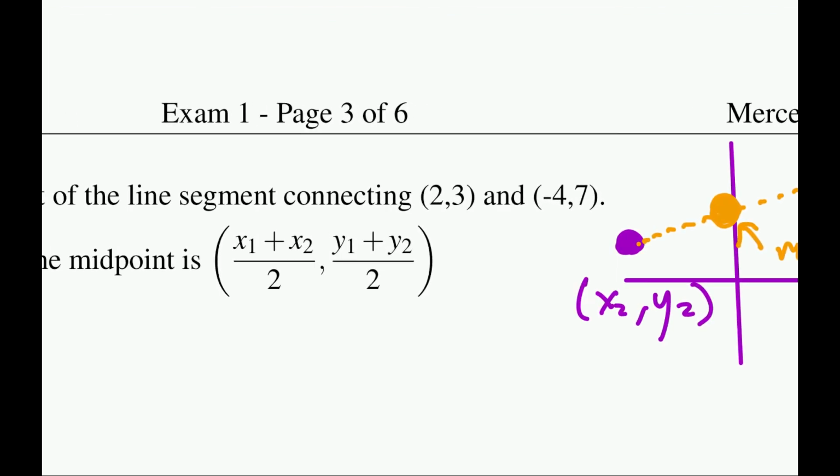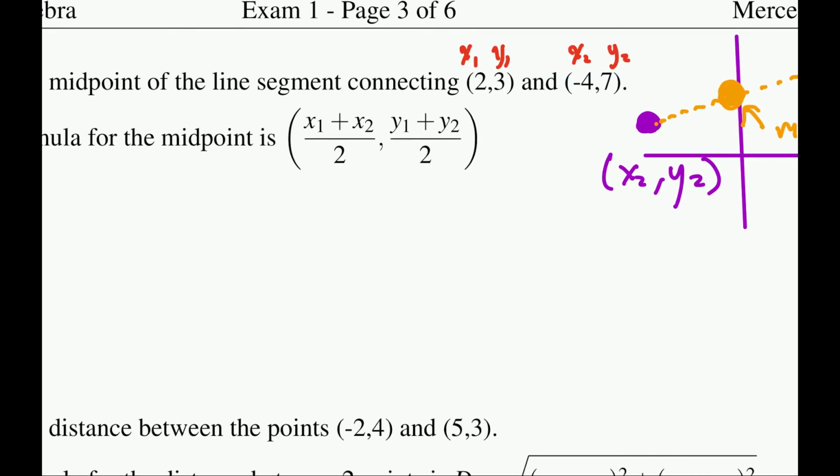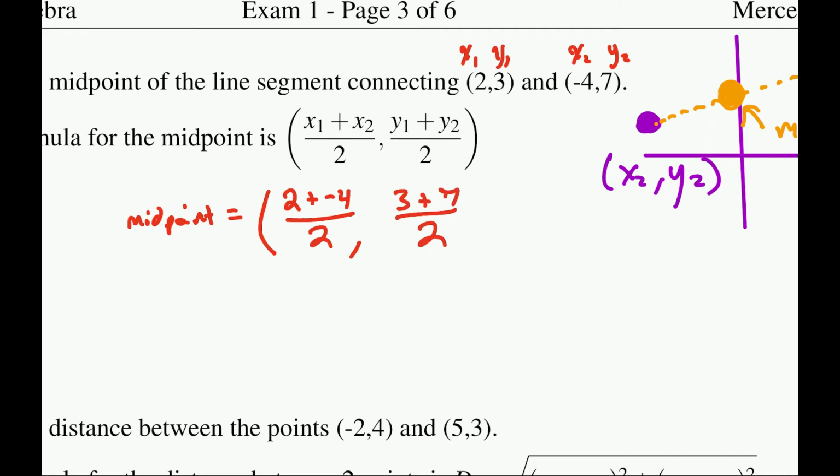So all you have to do is make use of this formula. You look at the points that they gave you, 2 comma 3, and say that's x1, y1. The other one will be x2, y2. And you basically just fill in the numbers in this formula. So our midpoint is simply going to be x1 plus x2, so that's 2 plus minus 4 over 2, comma, y1 plus y2, which is 3 plus 7 over 2.